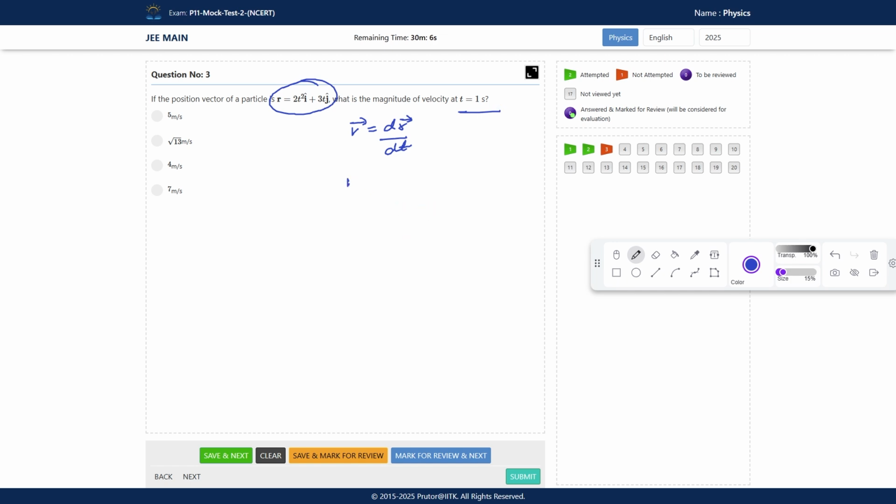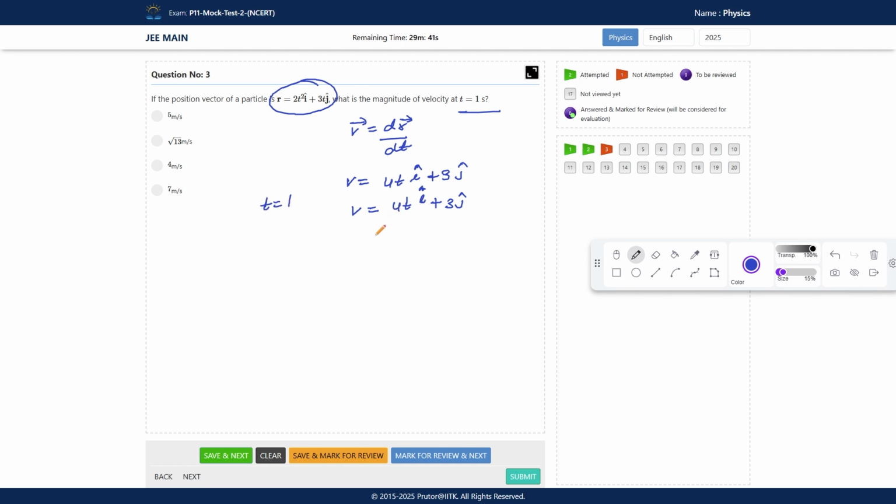So after differentiation it will be 4t i cap plus 3 j cap. So v is equal to 4t i cap plus 3 j cap. Here t is equal to 1 second, so just substitute.